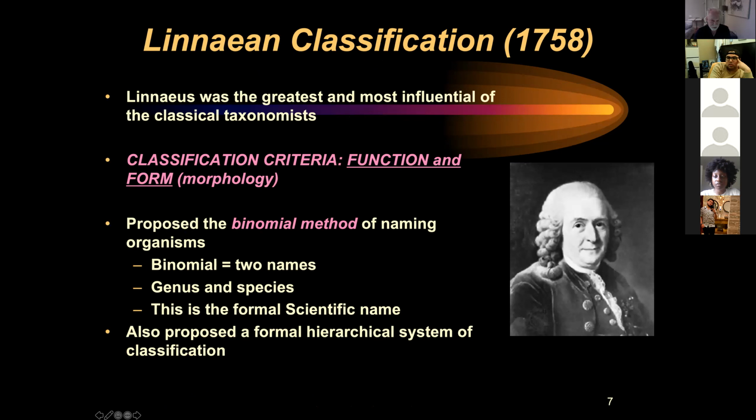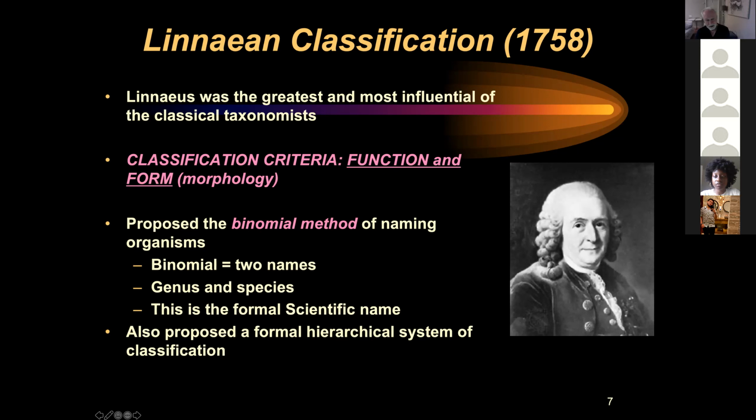His classification criteria were function and form, morphology, the shapes of organisms. But the most important thing he did was propose a binomial method for naming so that we can unambiguously identify any organism that's ever been described.